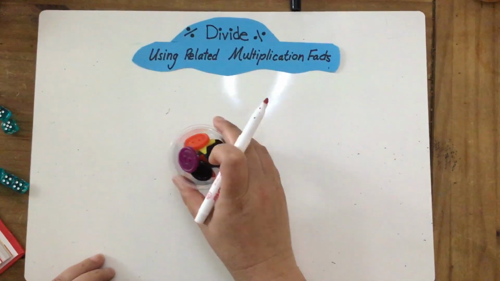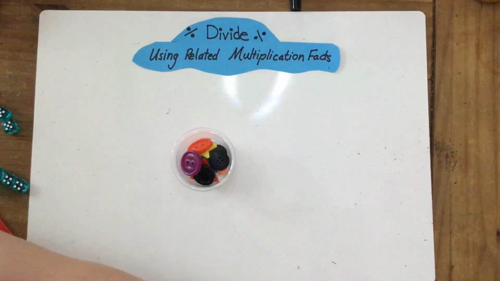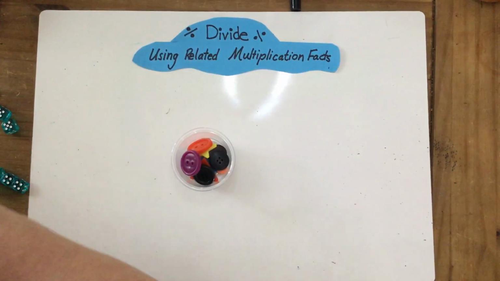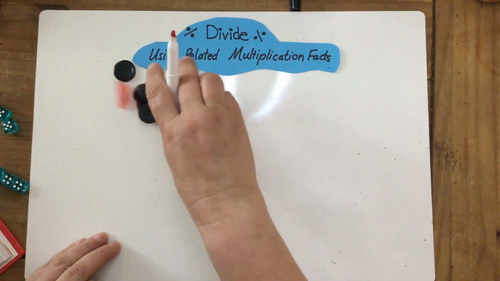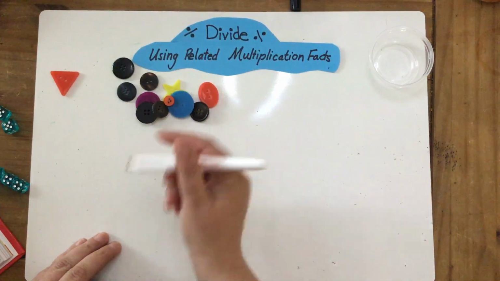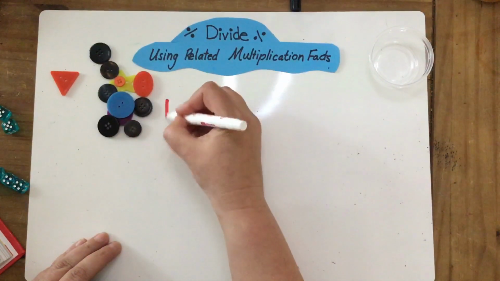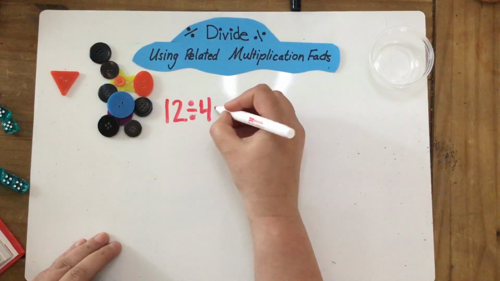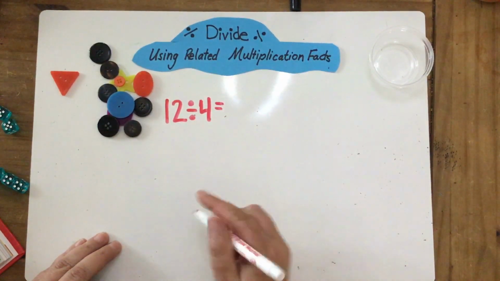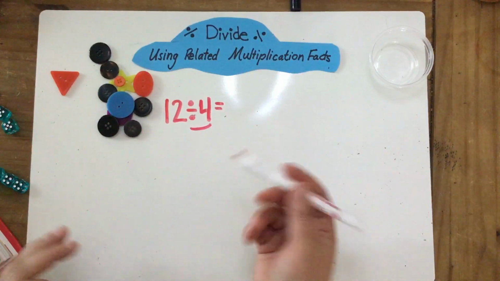In my collection, I have buttons. I have 12 buttons. I want to take my 12 buttons and I want to divide them into 4 equal groups. Now, I'm thinking shirts, right?